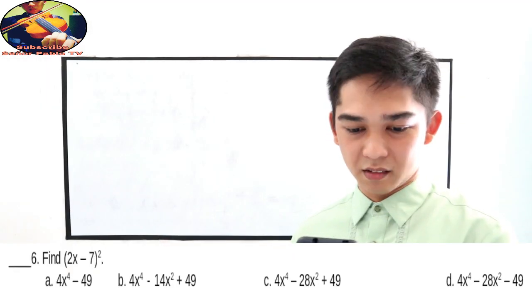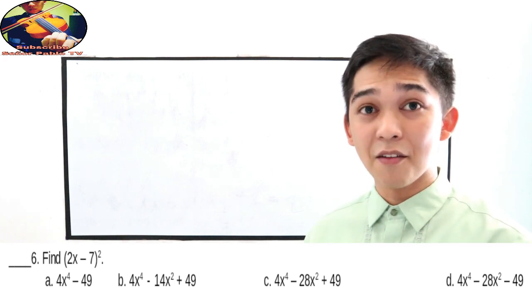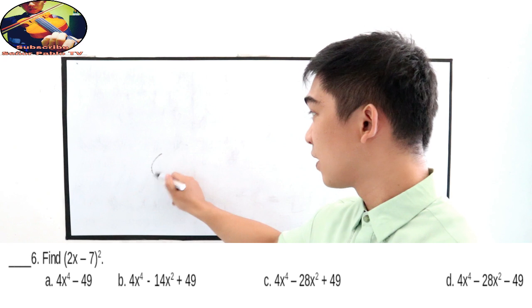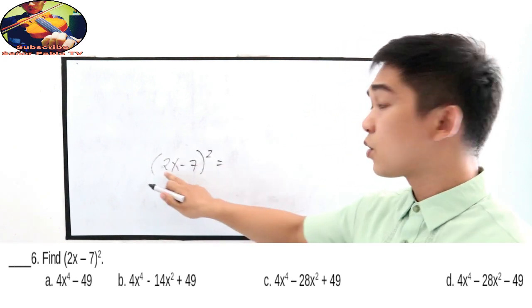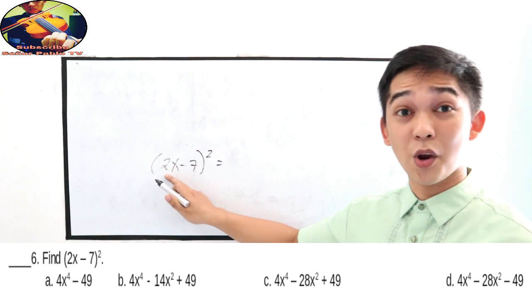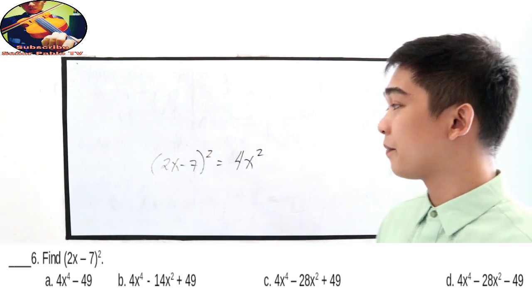Next, number 6. Find 2x minus 7 raised to 2. So 2x minus 7 squared. Square the first term, square of a binomial, 4x squared.